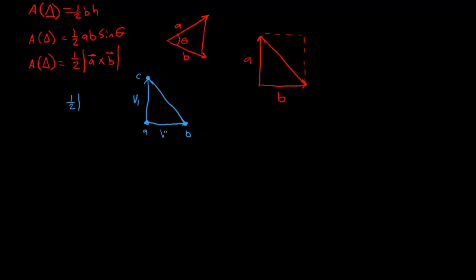This is vector 1, vector 2. We're going to take the cross product of vector 1 to vector 2. Okay? And we'll call this polygon 0.